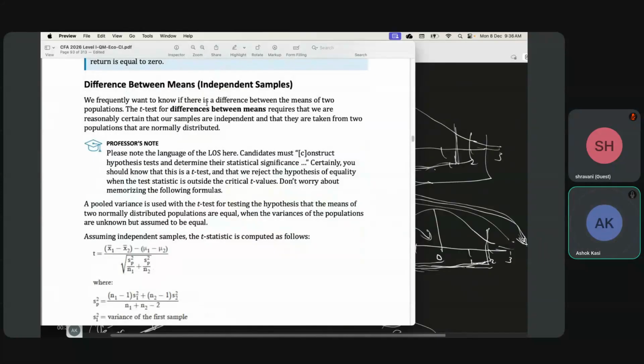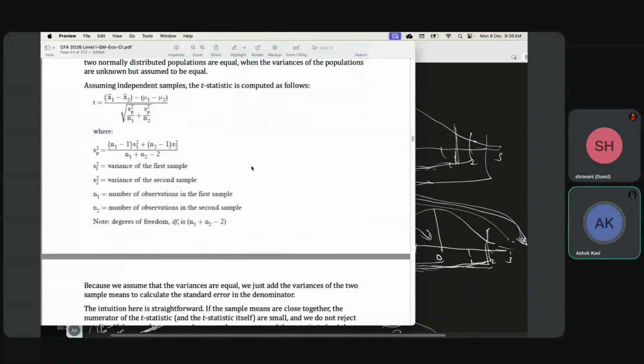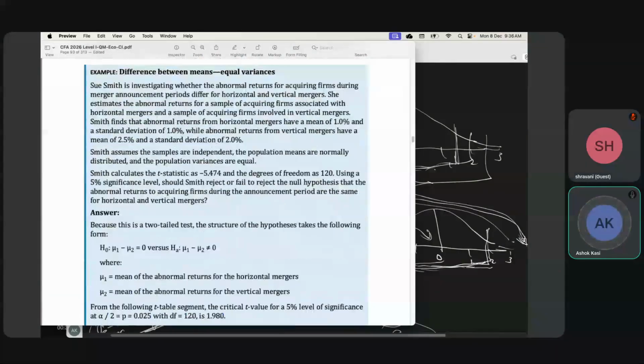Then difference between means. So when to use this one now?